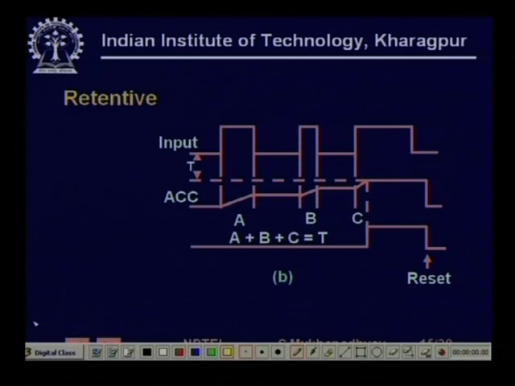Contrasted to this, there is a retentive timer. Now note the difference here. Here also the input goes 1 and then after some time it comes down. So, the timing register value came up to this, it did not cross the preset value, so the output is maintained at 0. Now, when this input falls down, the timing register value is not lost, but it is held.